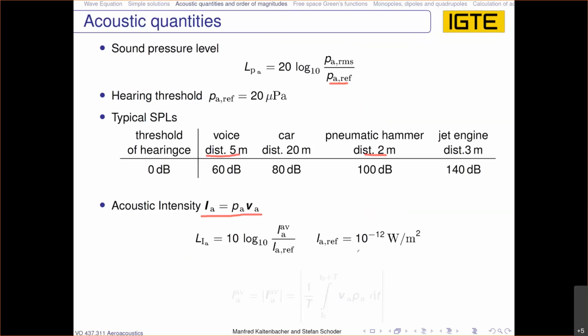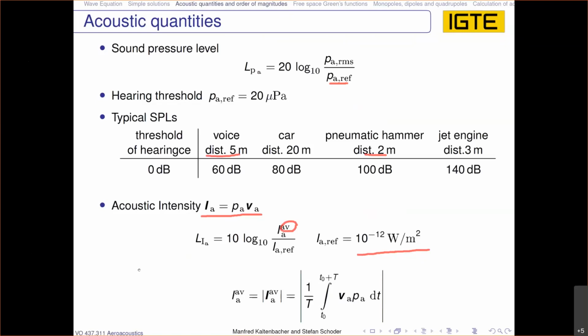The reference value is 10 to the power of minus 12 watt per square meter. You put in an average value, which is clearly important because this is also a function of time.